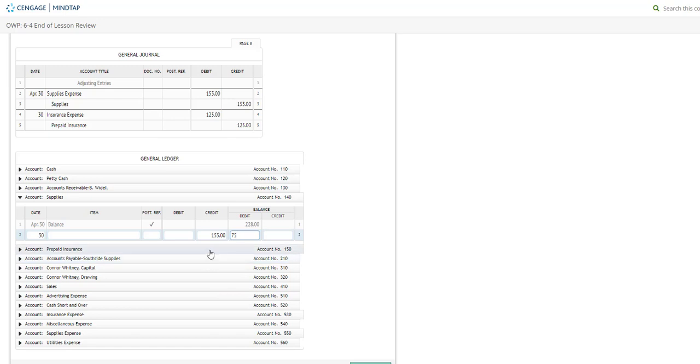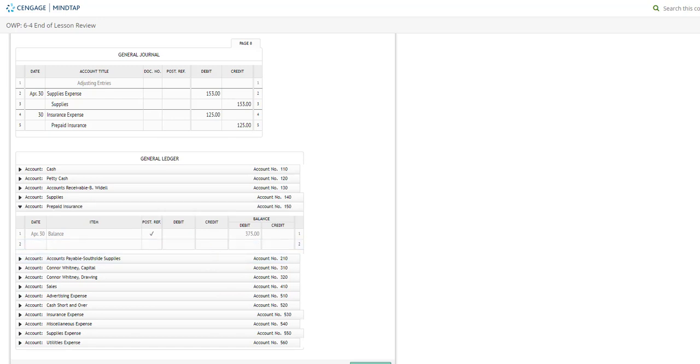And then prepaid insurance, on the 30th, we had a credit of $125, giving us a balance of $250. Oh, and I realized I forgot to post the page it came from.